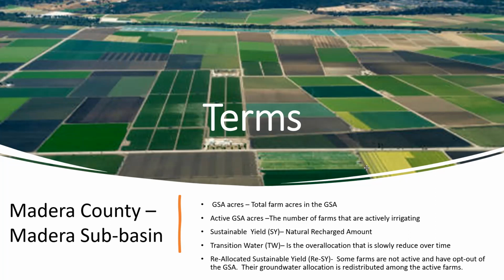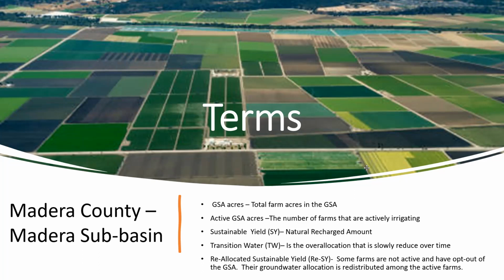The transitional water is the over-allocation. That is the actual amount being withdrawn from the ground that is not sustainable and forces the groundwater table to continue to drop. And that number needs to get to 0. We call it transitional water in this particular GSA because it means the water that is going to be allowed to be overpumped for the next 20 years until it gets to zero.